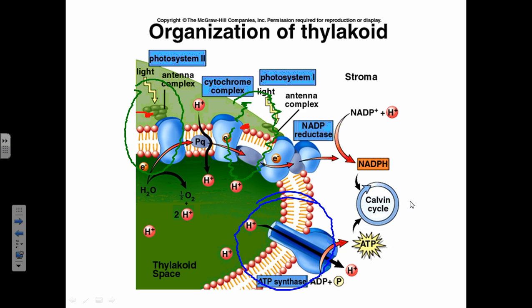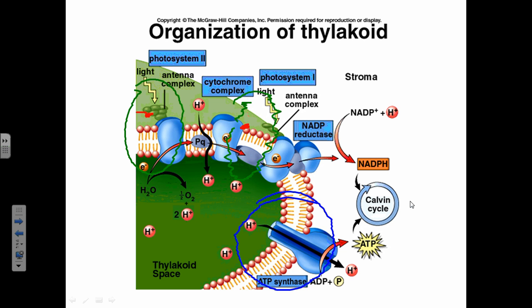Because electrons are moving from water to photosystem 2, across the ETC to photosystem 1, ultimately ending up in NADPH. They're moving, but not in a circle. And it's photophosphorylation because light energy is being used to phosphorylate what? ADP to make ATP. That's the light part of photosynthesis.